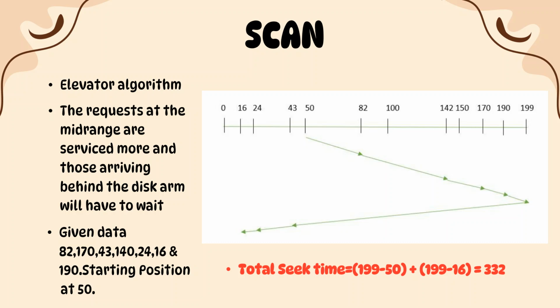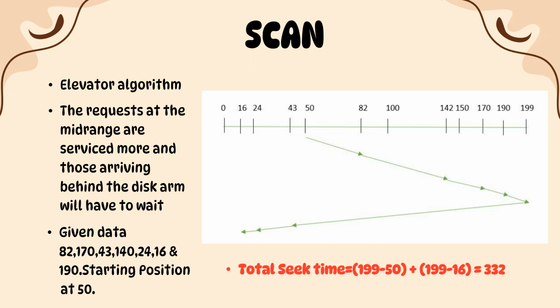Here we can take the same example. The available requests are 82, 170, 43, 140, 24, 16 and 190. The current read and write head position is 50. Here the disk head should move towards the larger value.